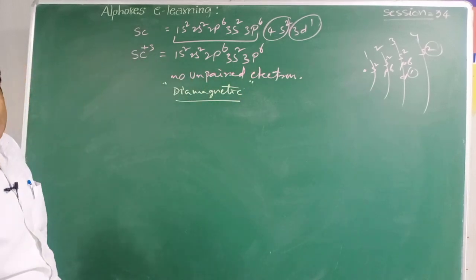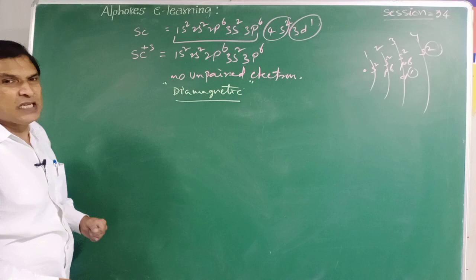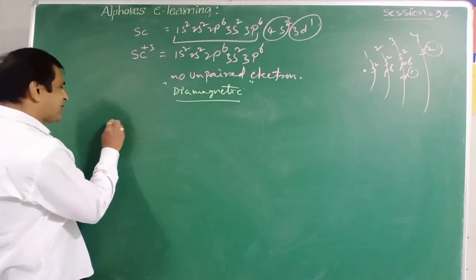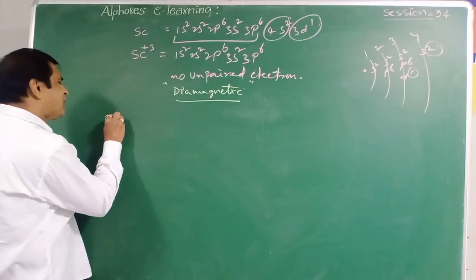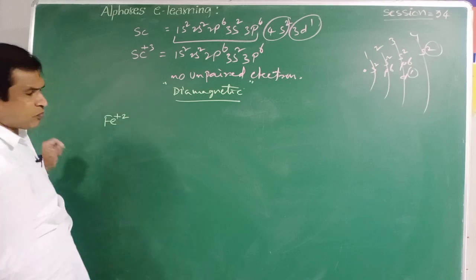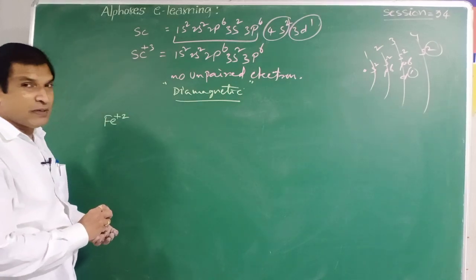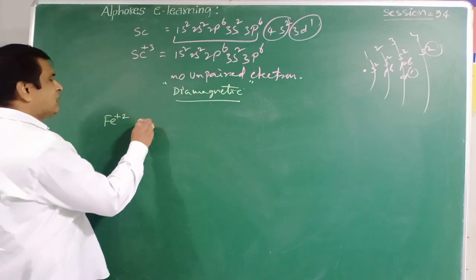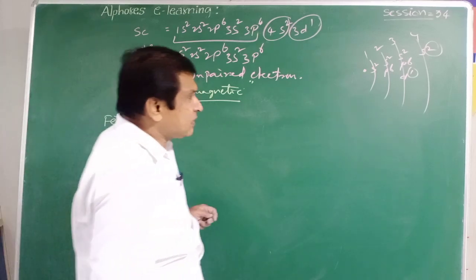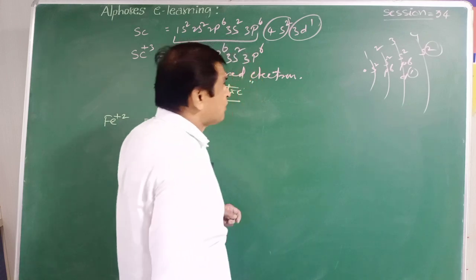Now let us calculate the magnetic behavior of Fe plus 2. Iron atomic number is 26. What is the configuration of iron?